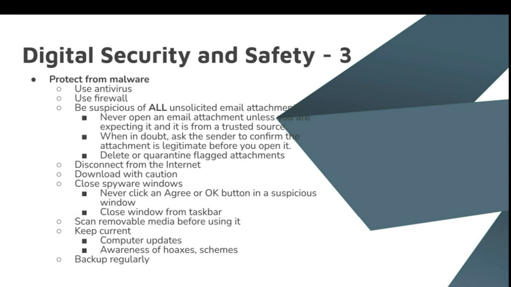If you're not expecting it, and if it didn't come from a trusted source, if you're in doubt, just ask the person. Call them up, or send them a separate email and say, "Hey, did you send me something?" Don't email the person back that sent it, but contact them through separate means, and then you can just delete them or quarantine them.